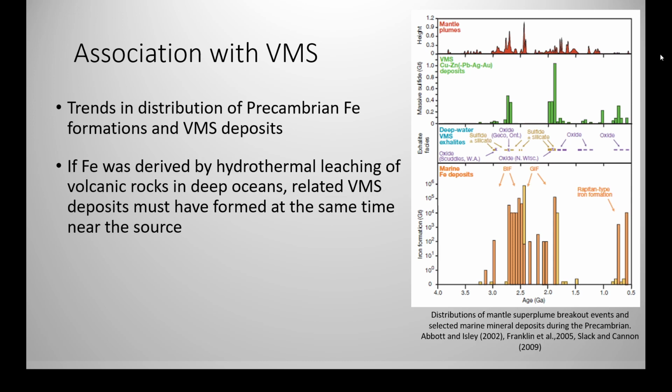Although when we're looking at the mantle plumes over time, when compared to the banded iron formations over time, there are still small differences, but we can correlate the trend of these banded iron formations in later banded iron formations.